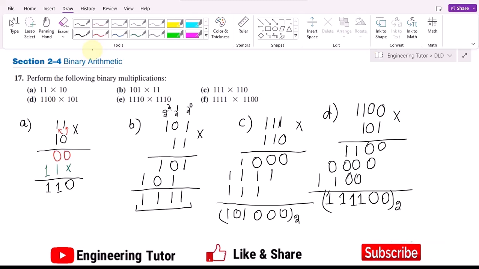Okay, so the overall procedure will remain the same for part E and part F as well. So it is for your concept of how the multiplication of two or more binary numbers can be performed. So that is it for today, and thank you so much for all your concentration, and I will see you with some more questions and some more interesting stuff in our upcoming videos.